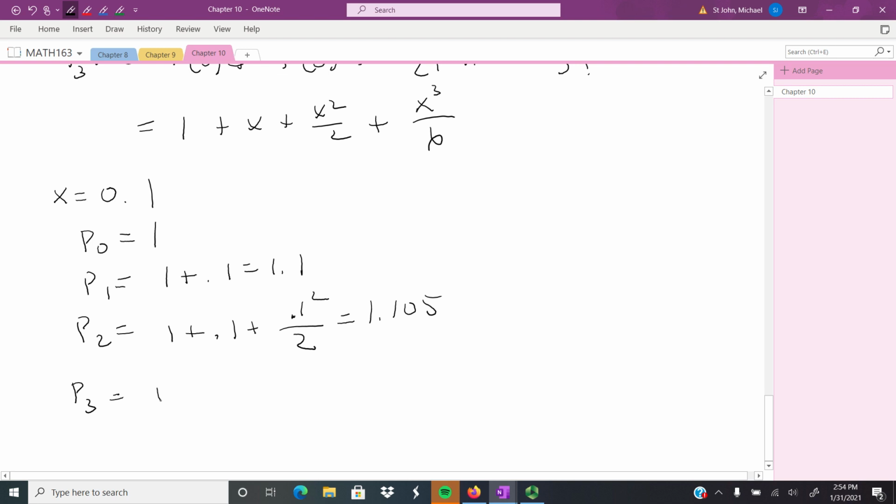Out to the next term, 1 plus 0.1 plus 0.1 squared over 2 plus 0.1 cubed over 6, and that takes us out to 1.10517.